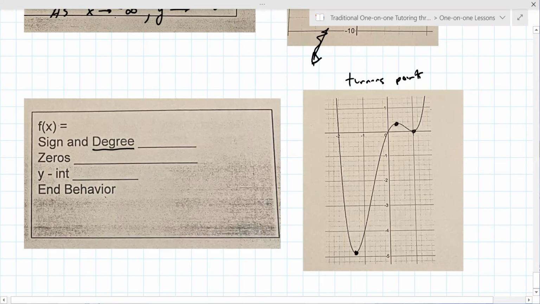It's where it switches direction, like down to up, up to down. So the degree, and here's the formula, it's really complicated, is the number of turning points plus 1. You count the turning points, which there are 3, and then you add 1 to it. So the degree is 4.